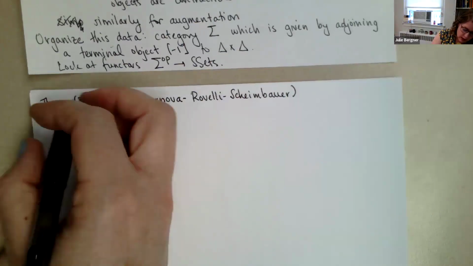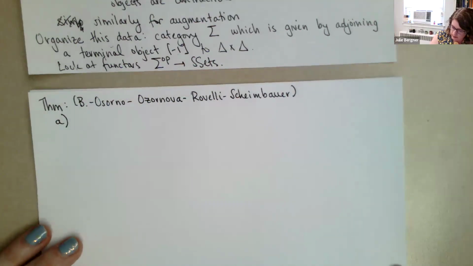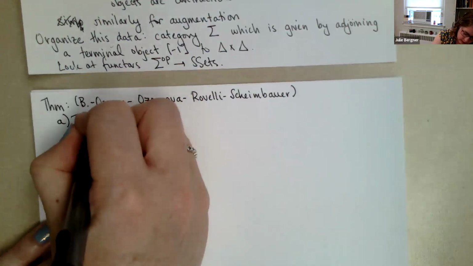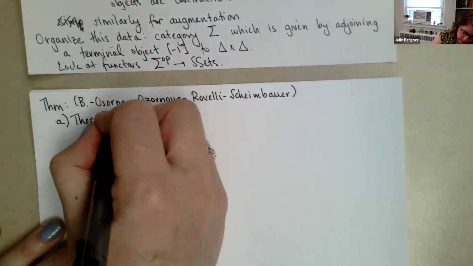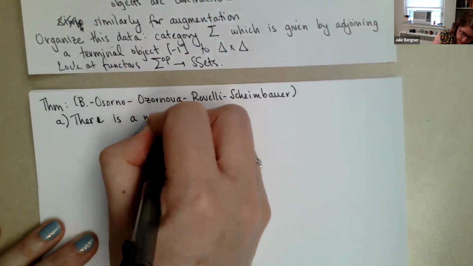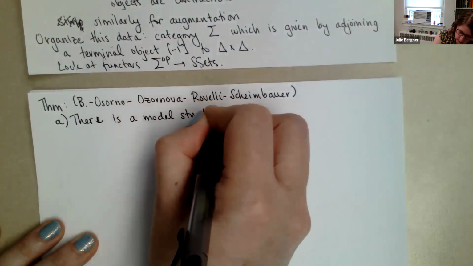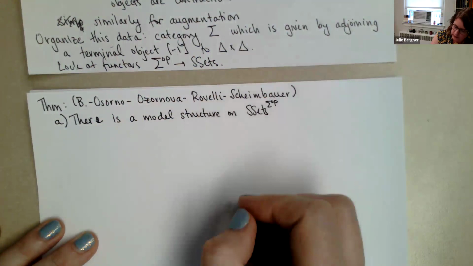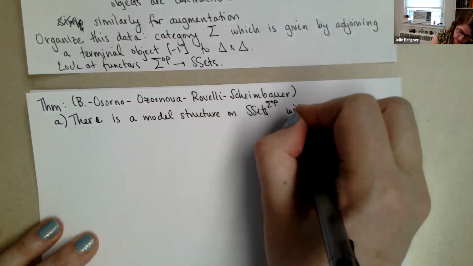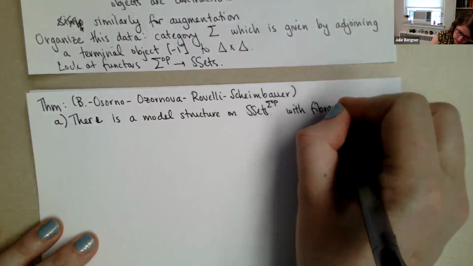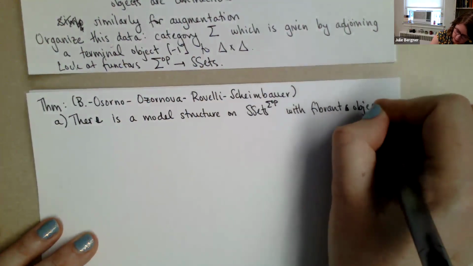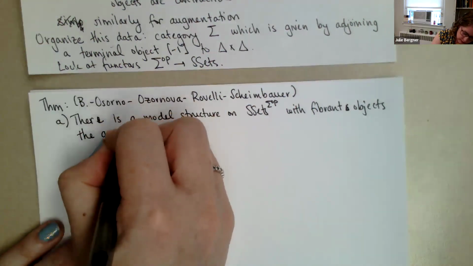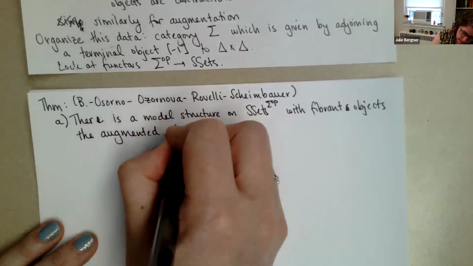So first, I'm just going to go ahead for the people who are interested and phrase this in the language of model categories, and kind of ignore that part if that's not as familiar to you. So there is a model structure on the category of functors from sigma op to simplicial sets, whose fibrant objects are the augmented stable double Segal spaces.